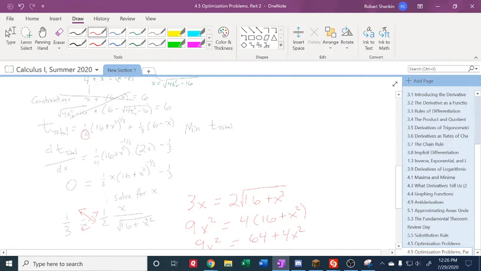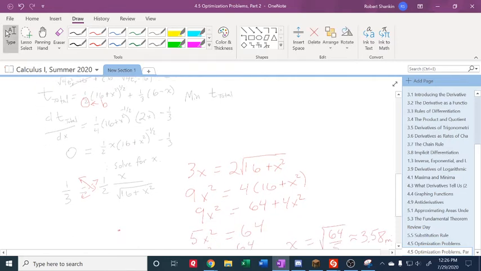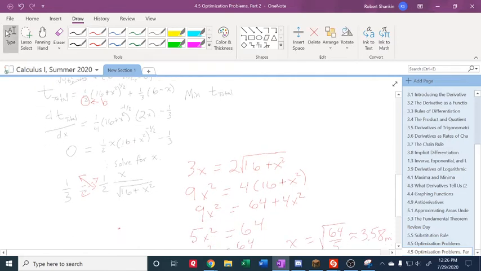So one way we could look at this is replace this 2 with a constant, let's call it b. And if we replace it with b, this is going to be time.